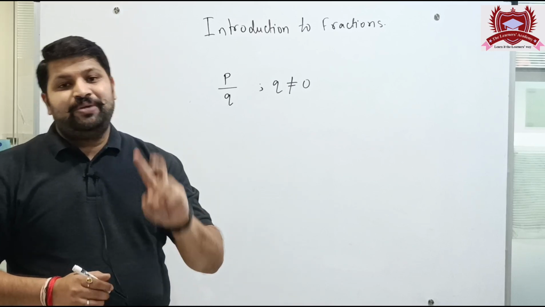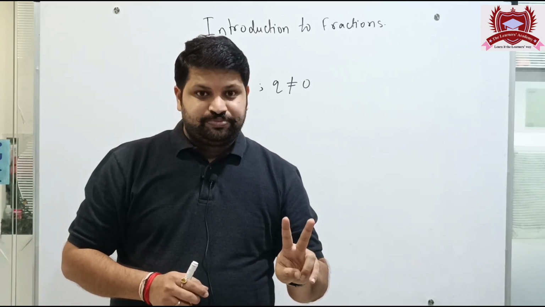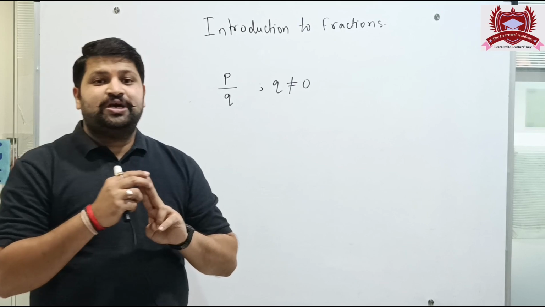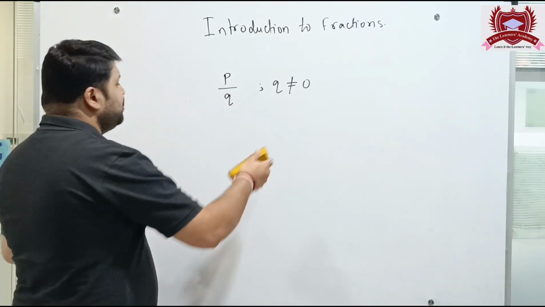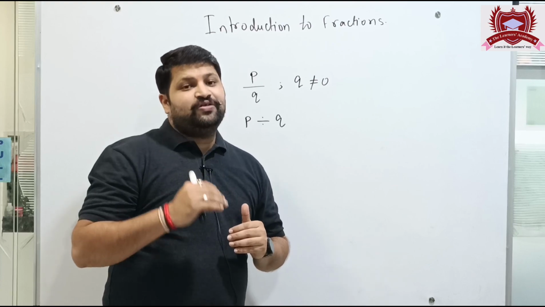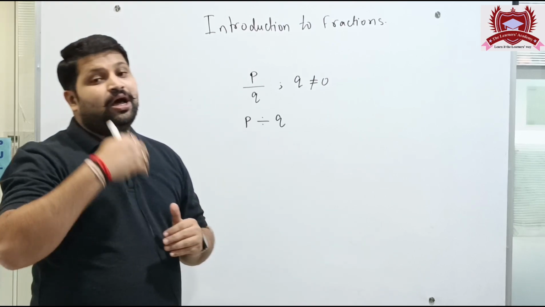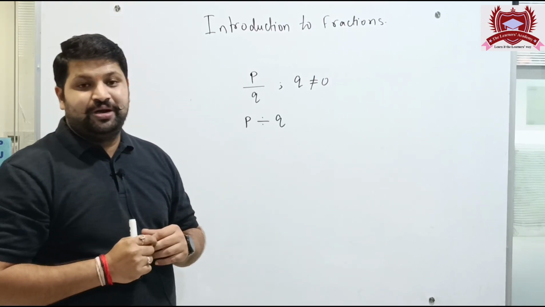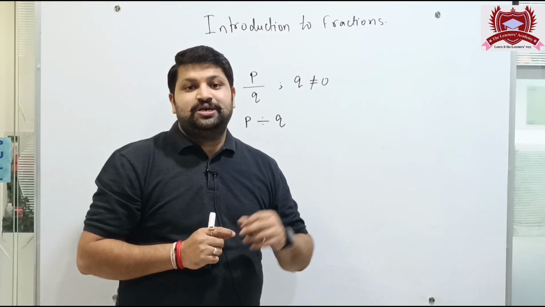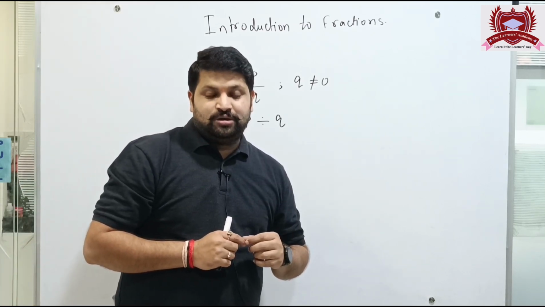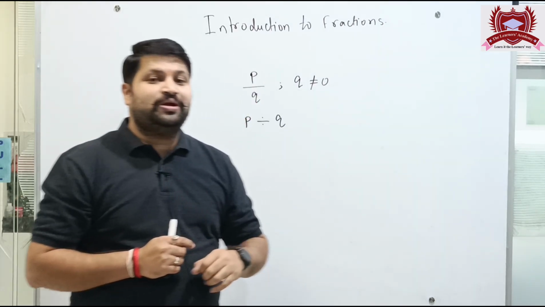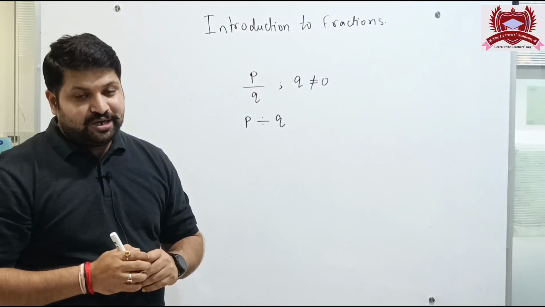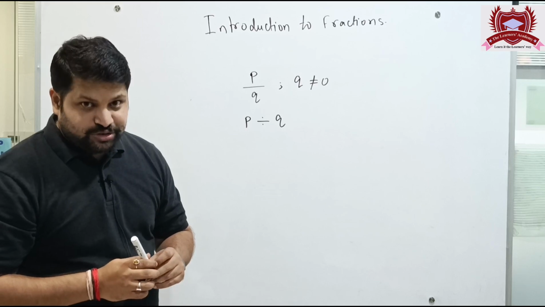Fractions basically can be divided into 2 parts: proper fractions and improper fractions. The definition is quite simple. In a fraction, if the numerator is larger than the denominator, then we call it an improper fraction. And if the numerator is smaller than the denominator, then we call it a proper fraction.